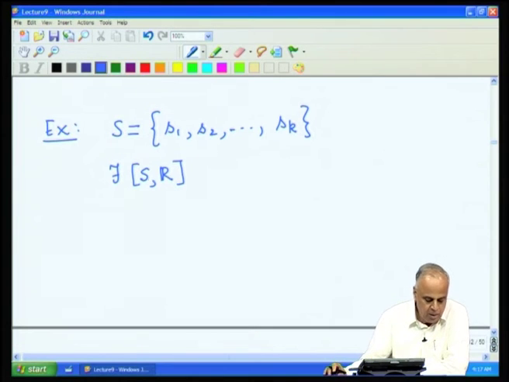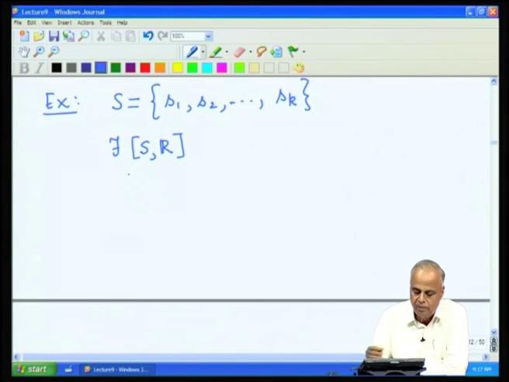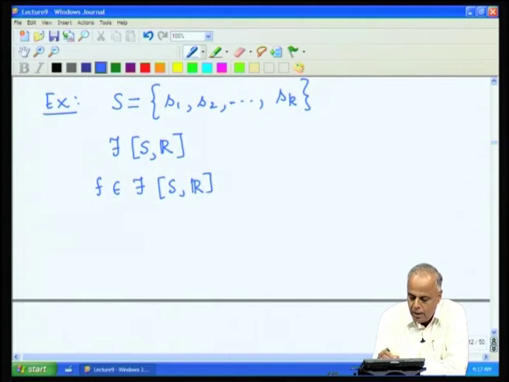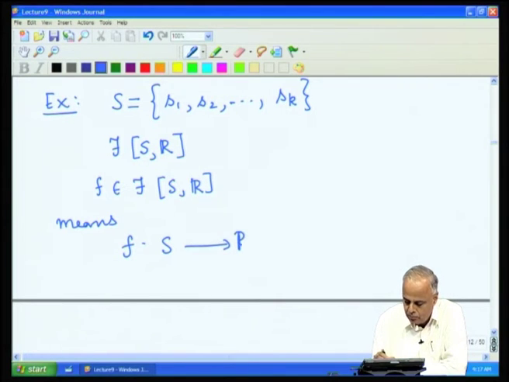Now, what do we mean by an F in F(S, R)? It means F is a function from S to R. F will assign a real number to each element in S. Therefore F will assign a real number to S1, to S2, and to Sk.